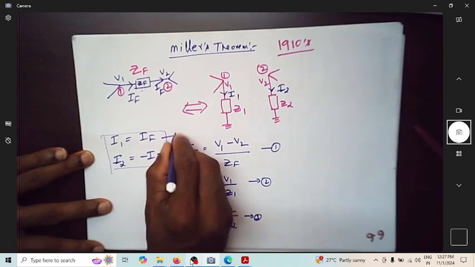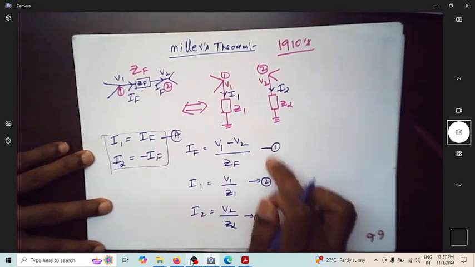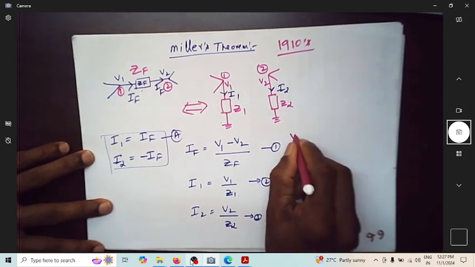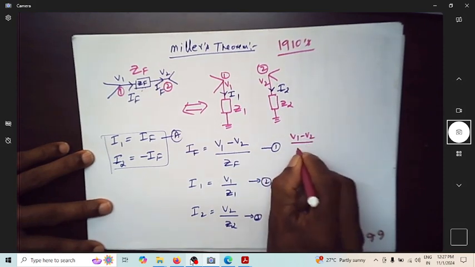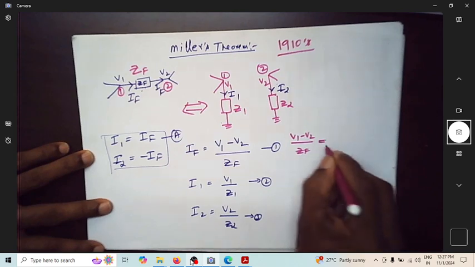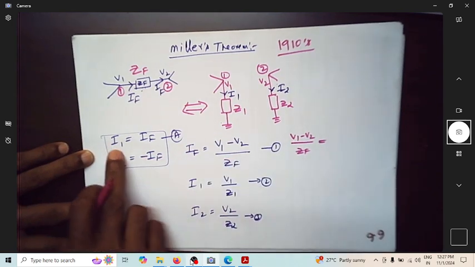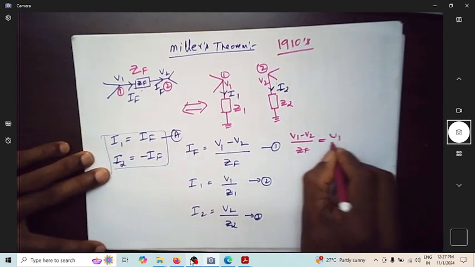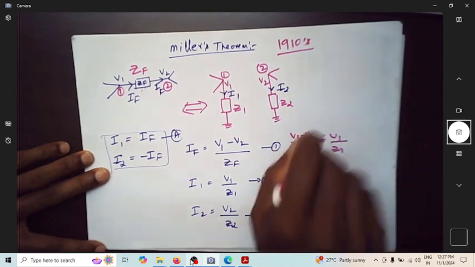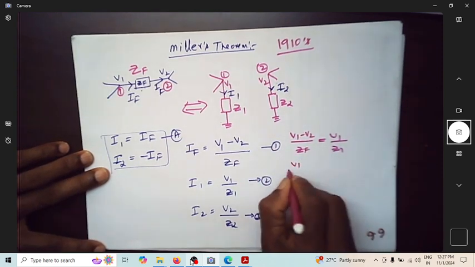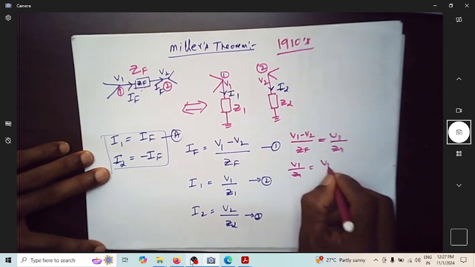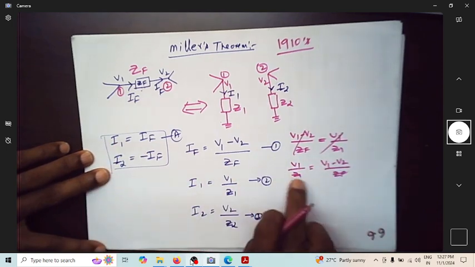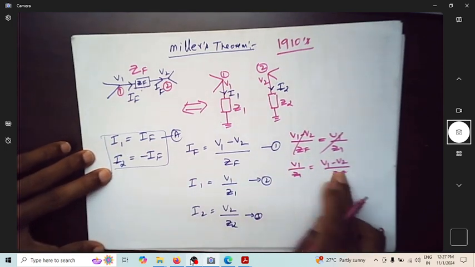So use equations 1, 2, 3 and try to equate them here. Using equation A, which uses equation 1 and equation 2, can I write V1 minus V2 by ZF is equal to, that's IF, and what is I1? I1 is actually V1 by Z1. So it is V1 by Z1 is equal to V1 minus V2 by ZF. So this is I1, this is IF.